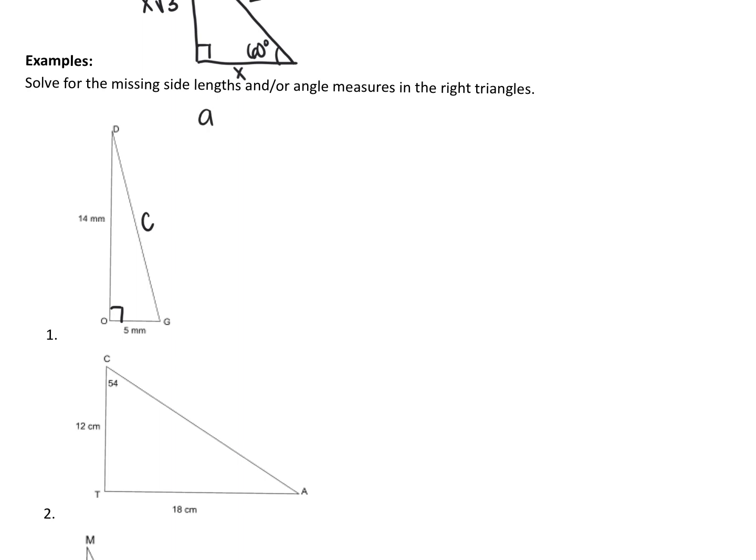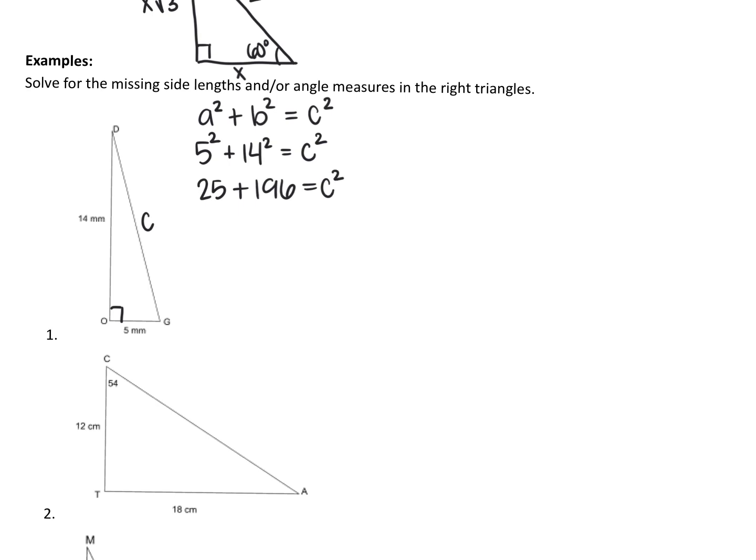Our Pythagorean theorem is going to allow us to solve for our hypotenuse, which is a squared plus b squared equals c squared. It does not matter which sides you plug in for A and which you plug in for B. So I'm just going to do 5 squared plus 14 squared equals c squared. 5 squared is 25. 14 squared is 196.